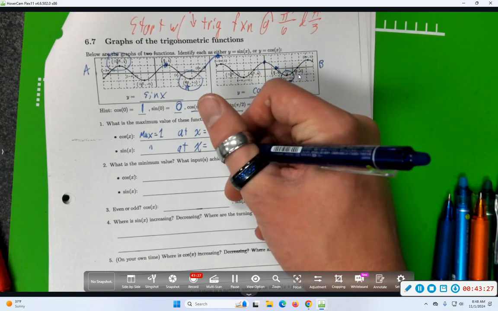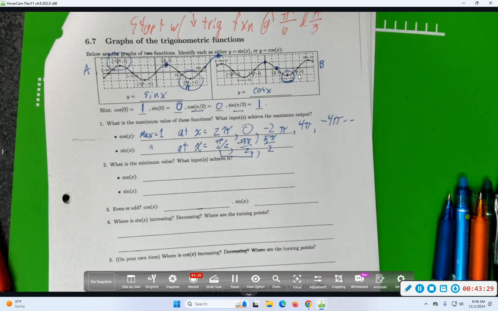But we can see something by studying the gap between those two. What's the gap from pi over 2 to negative 3 pi over 2? What would you get if you subtracted those from each other? So you'd be subtracting a negative, I think you get like 4 pi over 2. So 2 pi.